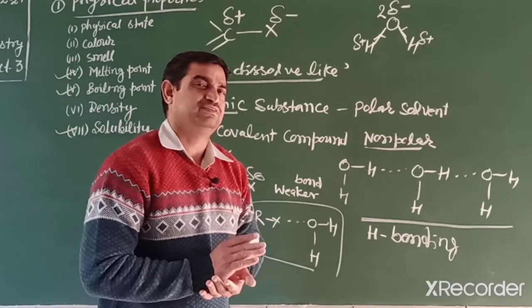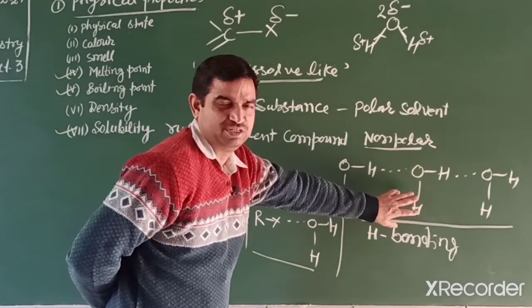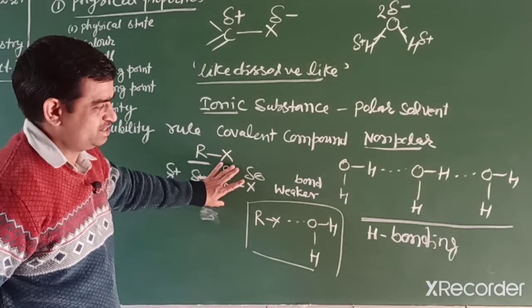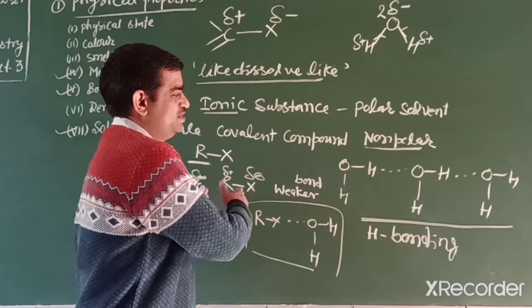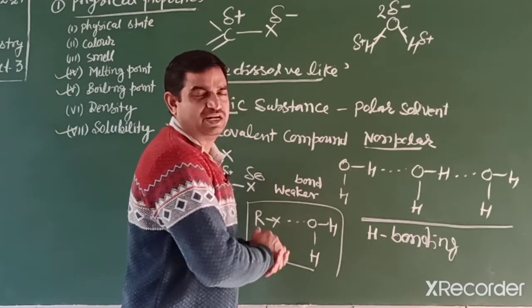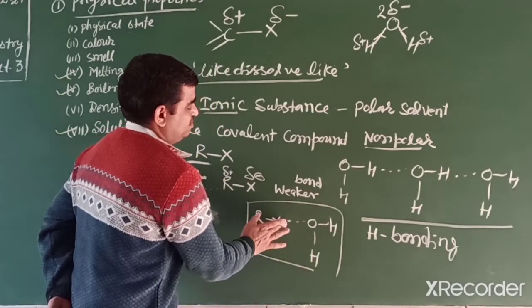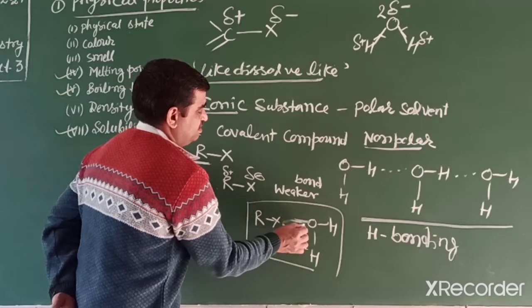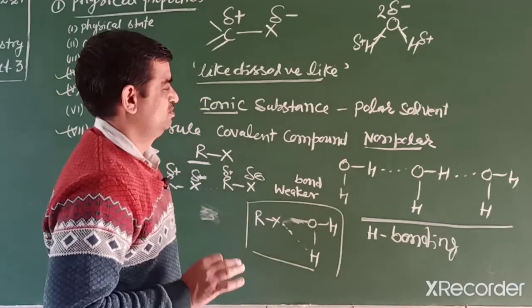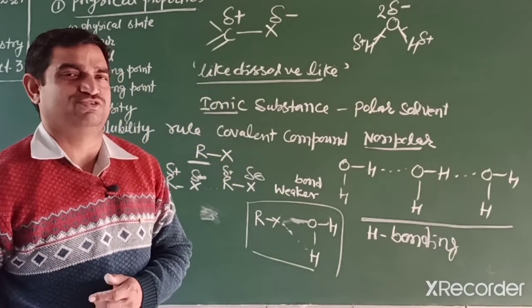Students, again to understand: between water molecules the force is hydrogen bonding, and in alkyl halides the force is the weaker dipole attraction. When we mix them, a new weaker force forms between water and the alkyl halide, so less energy is released, and they are partially soluble or less soluble.